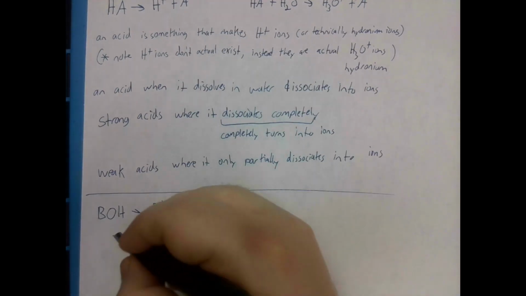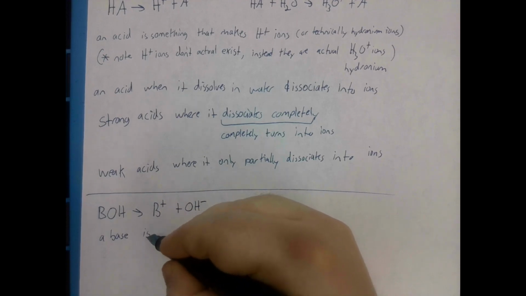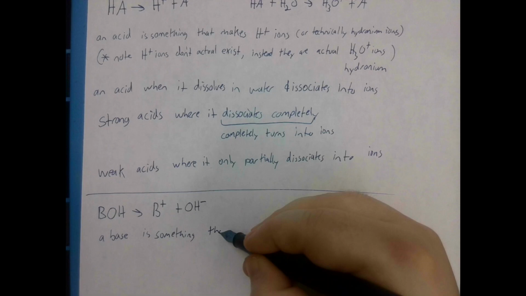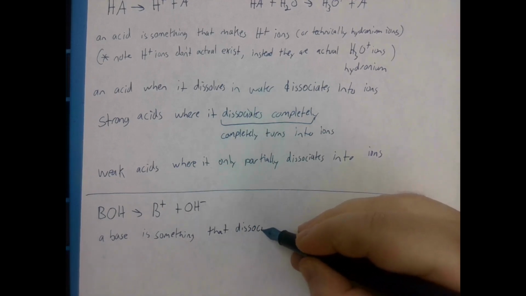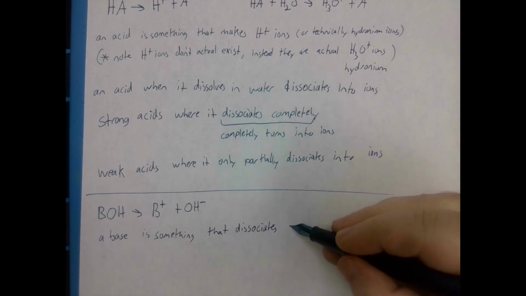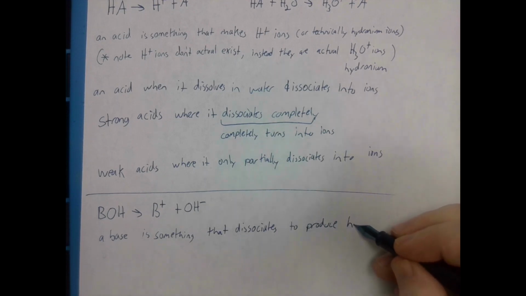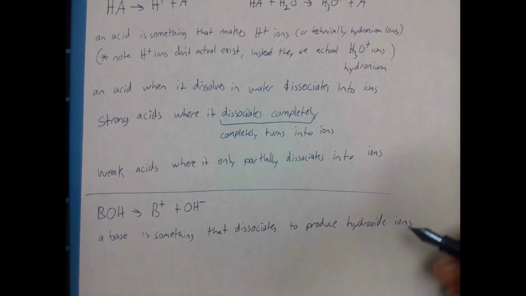A base is something that dissociates, meaning turns into ions when dissolved in water, to produce hydroxide ions, OH negative ions.